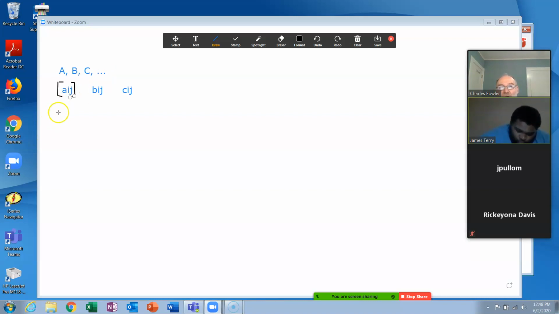So A sub 1, 2 would be you go to the first row of matrix A and go over to the second column. So the first row, second column, that would be A sub 1, 2. Give me two other integers, positive integers. 3 and 4.